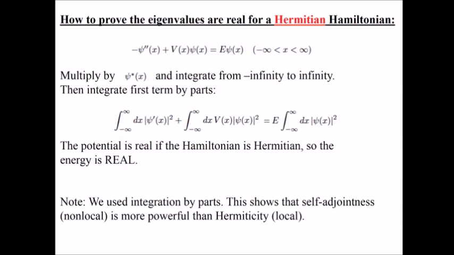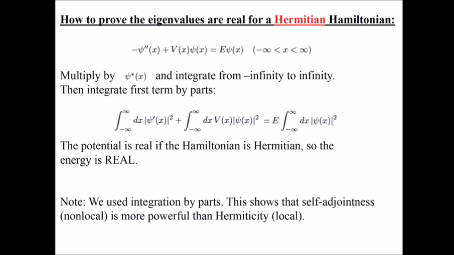This is what I'm going to talk about at the beginning of the next lecture, and I'm going to show you that if you have a PT symmetric Hamiltonian, the eigenvalues are either real or they come in complex conjugate pairs. So they can be complex.